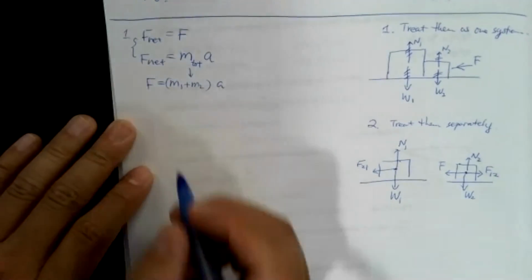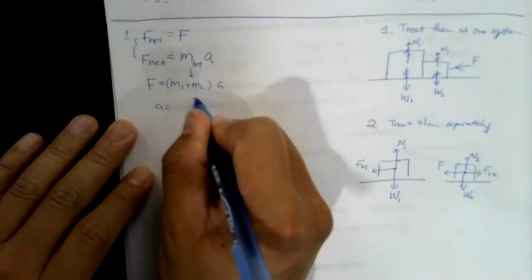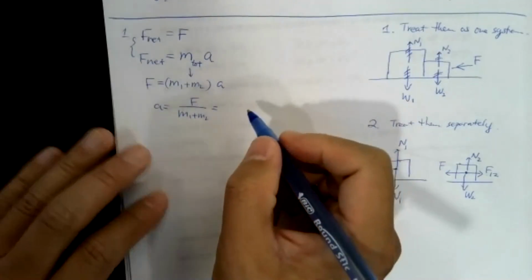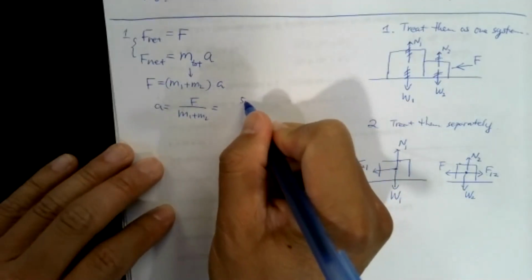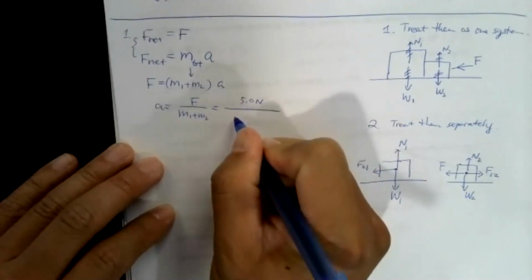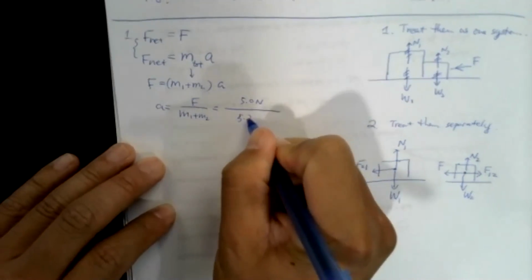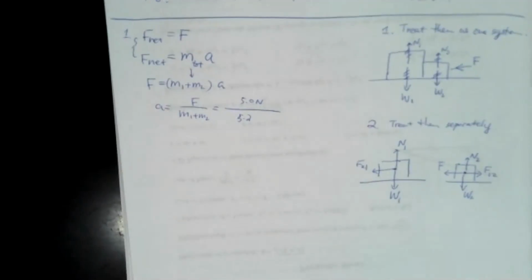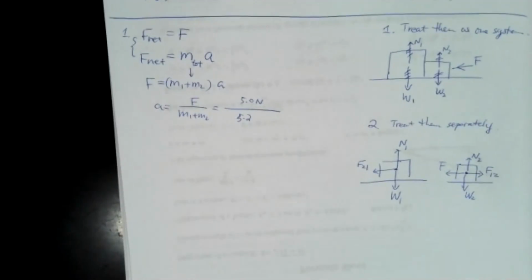All right, so then you can solve for your acceleration. It will be F divided by M1 plus M2. F is 5.0 newtons, M1 is 5.2 plus 7.4. Let me double check the numbers. 5.2 and 7.4.